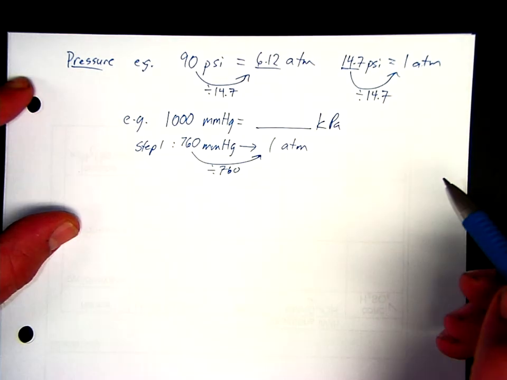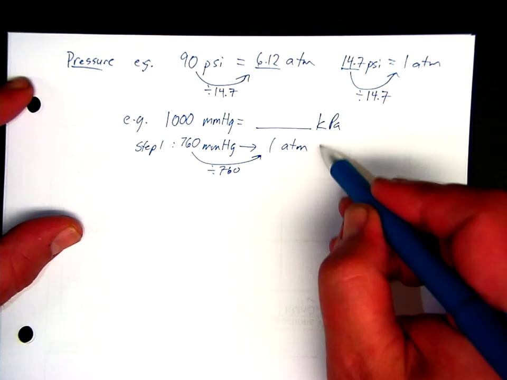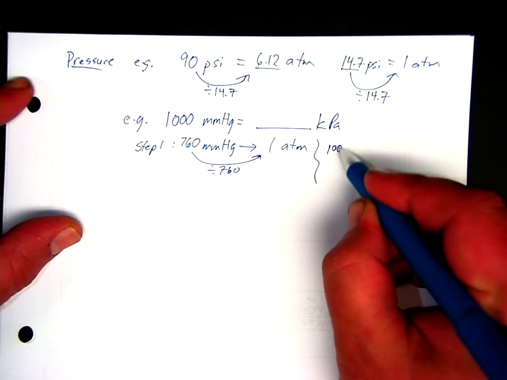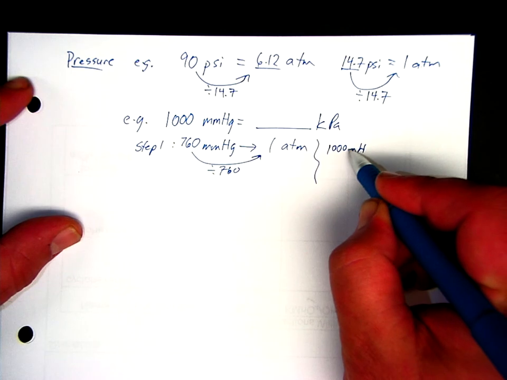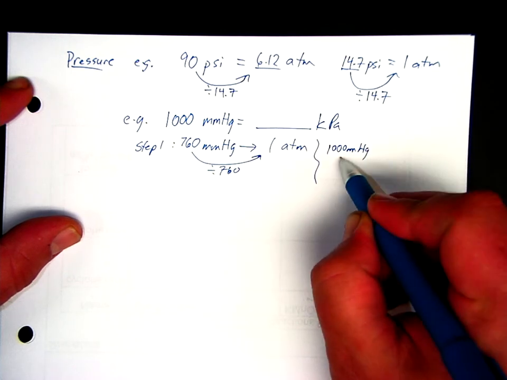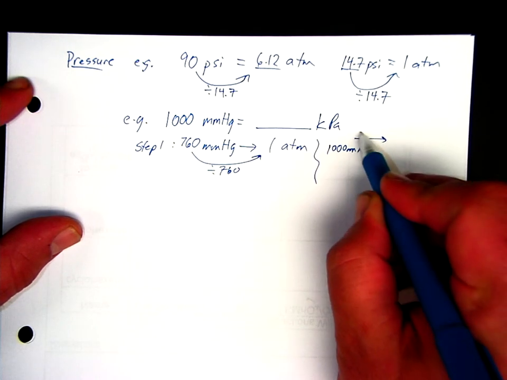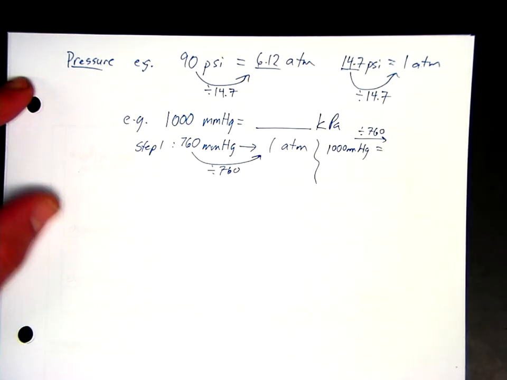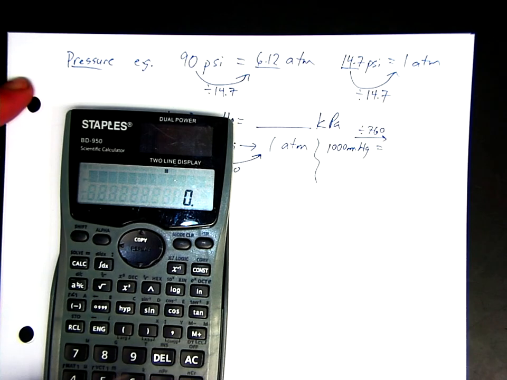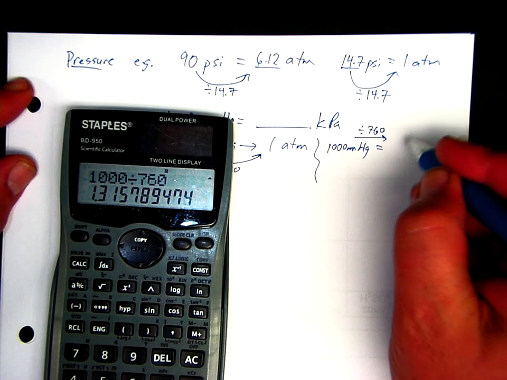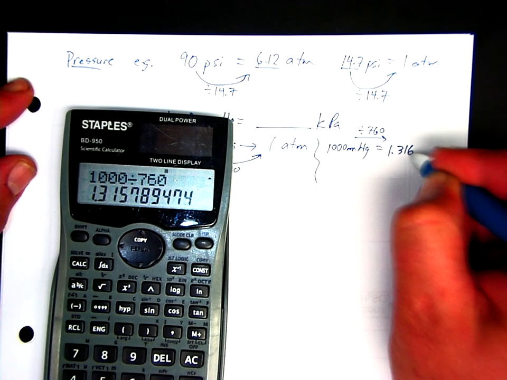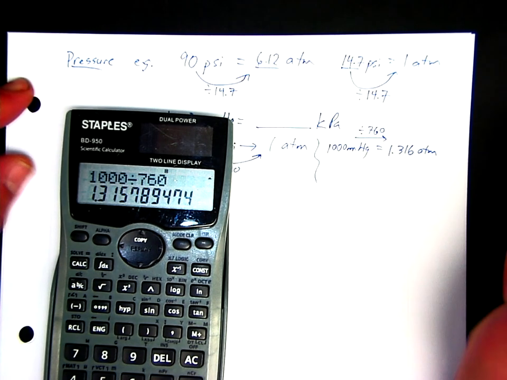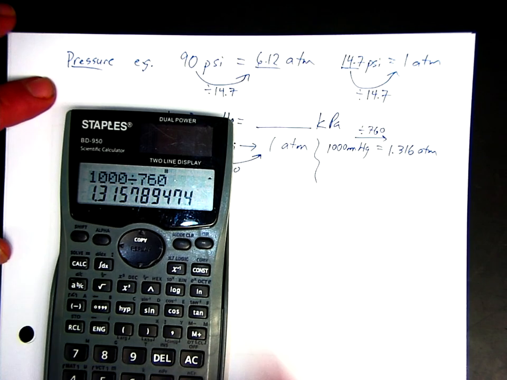With this problem, it's going to be 1,000 millimeters of mercury divided by 760, and that's going to give me my value in atmospheres. So just over an atmosphere: 1.316 atmospheres. Okay, so that's step 1.